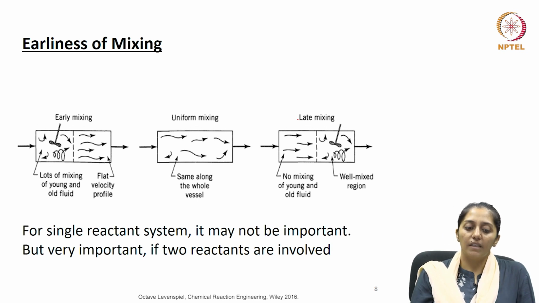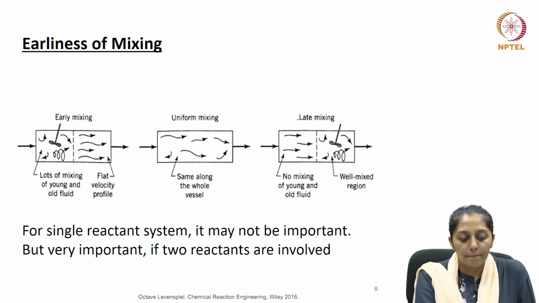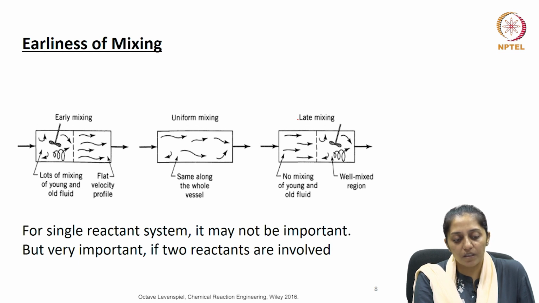Talking about the earliness of mixing, if you see the picture on the slide where the incoming stream is mixed early on, there is a lot of mixing of the old and the young fluid elements, and then in the later half it is almost a flat velocity profile.